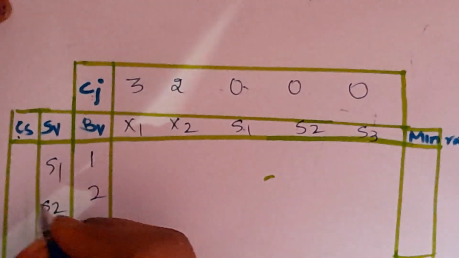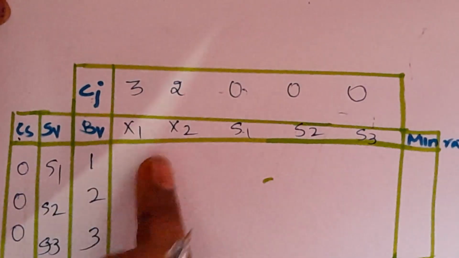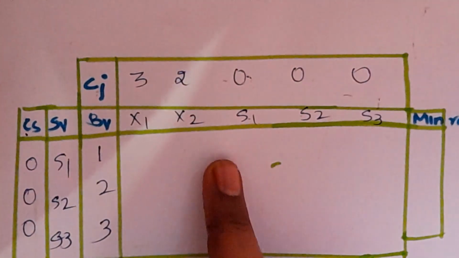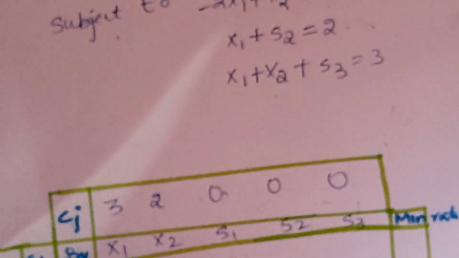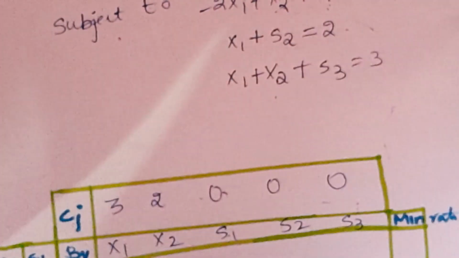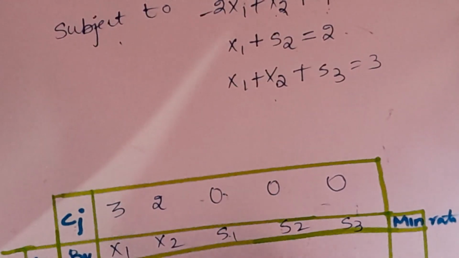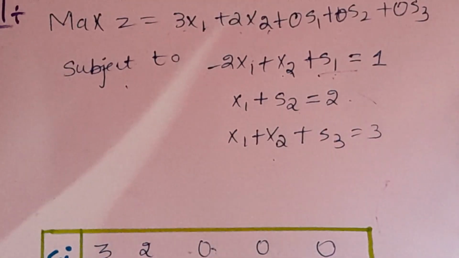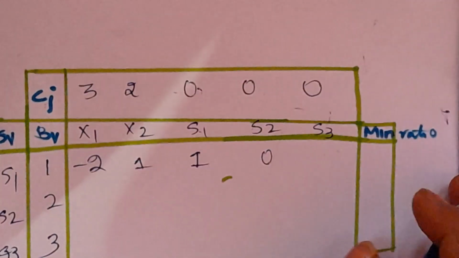Here we have to write the coefficients of the constraints. First equation coefficients: minus 2, 1, 1. Here we don't have s2, s3, so s2, s3 become 0.